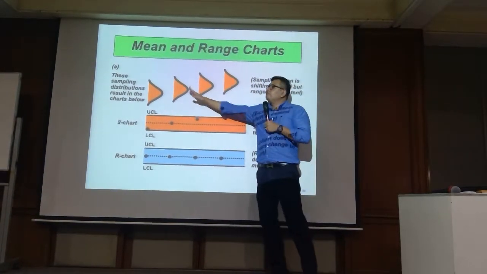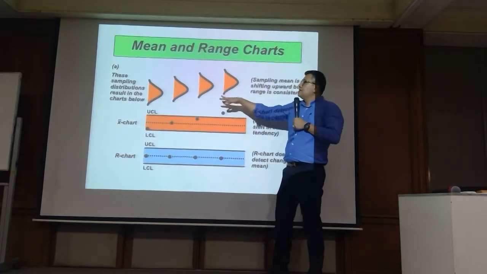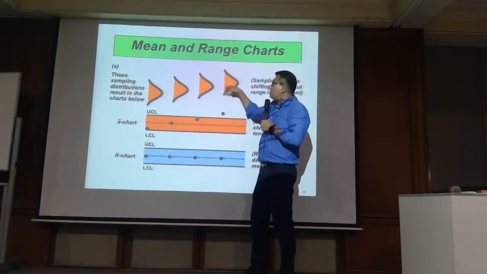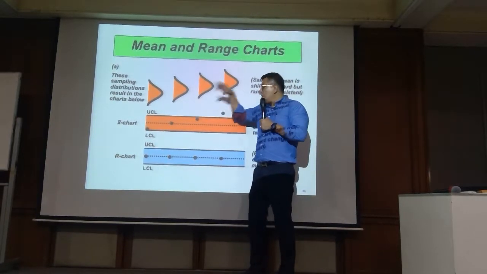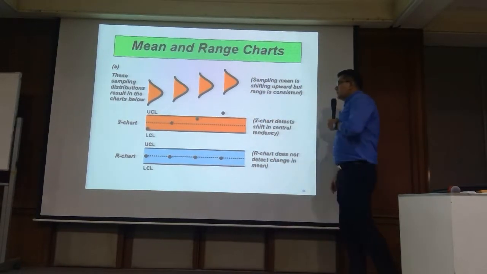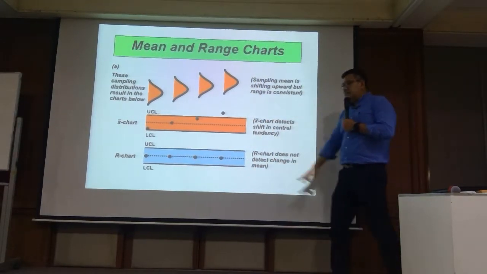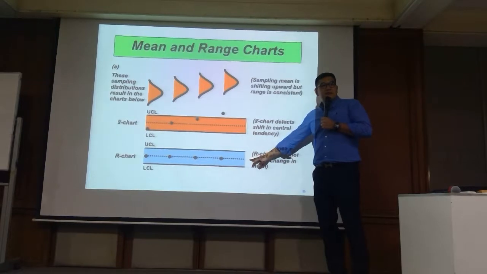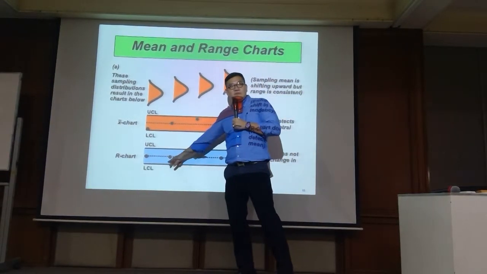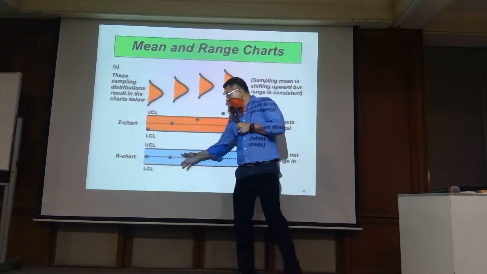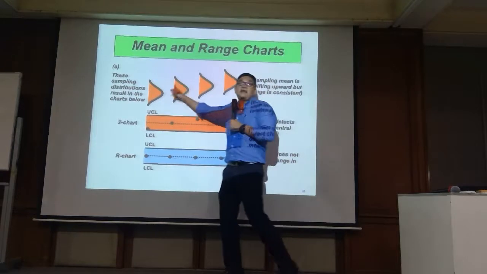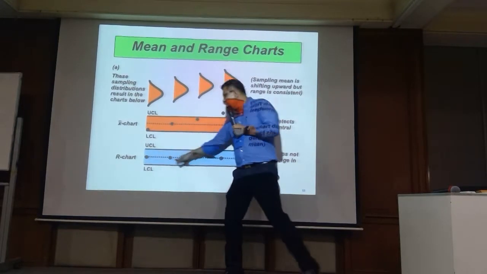If you look at the graph here, it's the same distribution, the same shape. So if you use just the R chart to measure, when you plot, you're going to have in control because all the plotted points stay within the control limits, since we have the same shape and the spread is quite the same. So that's why the R chart shows in control.